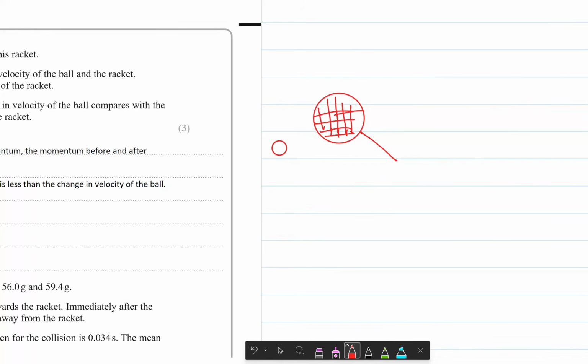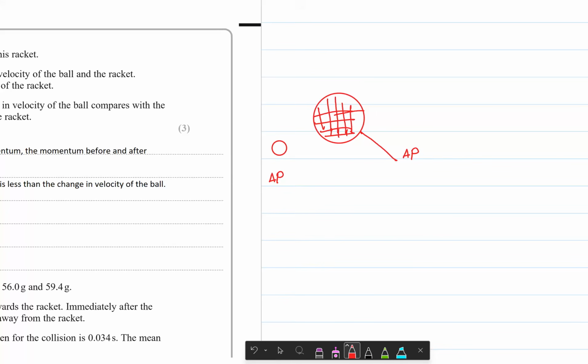According to the conservation law of momentum, before a collision happens and after a collision happens, the momentum is conserved, meaning that the momentum before and after the collision is the same. So let's assume that the changes in momentum of the ball and of the racket are the same.